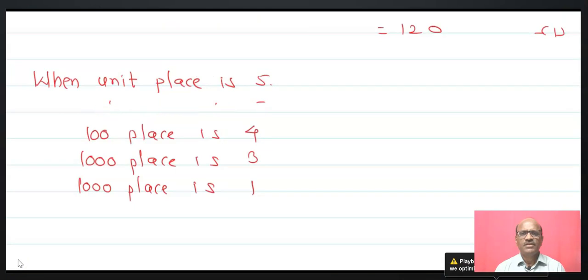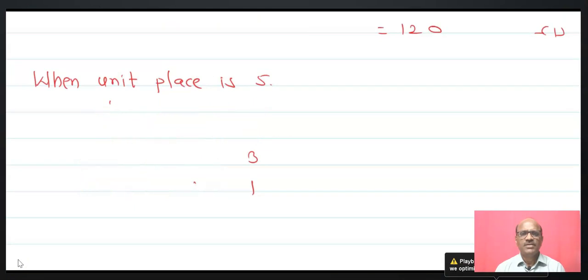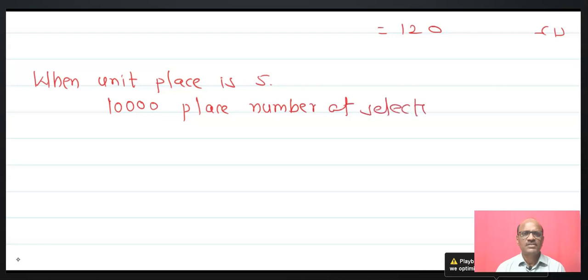Next we'll consider when the unit place is 5. Then for the 10,000 place, the number of ways of selection of the digit will be equal to 4.